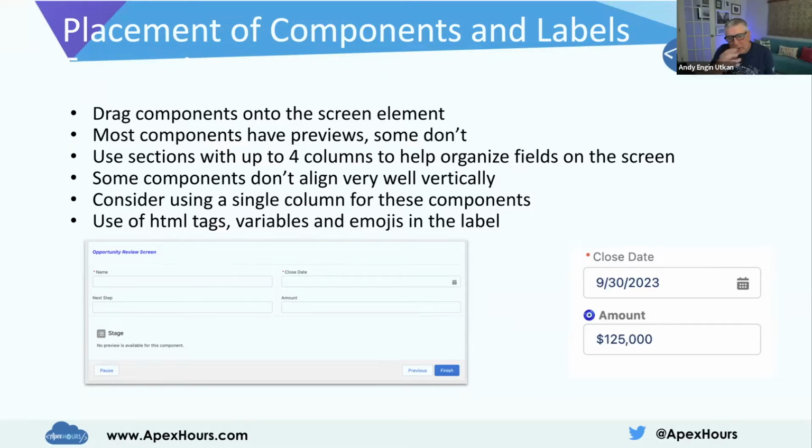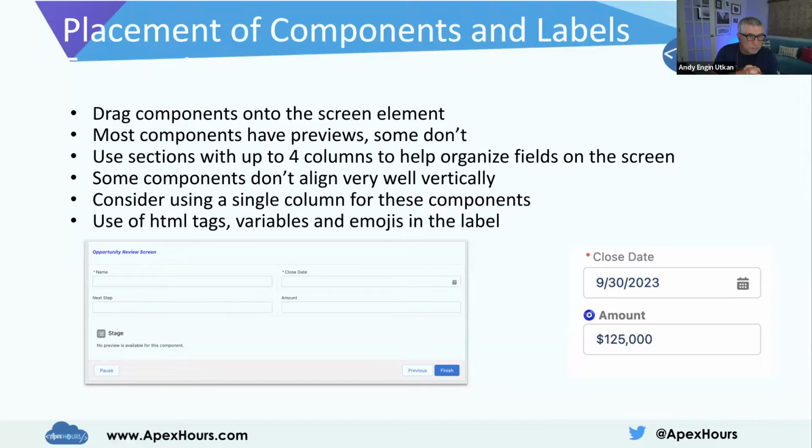When that happens, what I usually do is I take those out of the section layout, and then I make them go across the screen, whether I wanted it like that originally or not, but it doesn't really matter. I just do it that way so that it doesn't look weird, right? Because the eye and the brain need those things to align, right? So if we don't see that, sometimes we get bothered as a user, as a consumer.